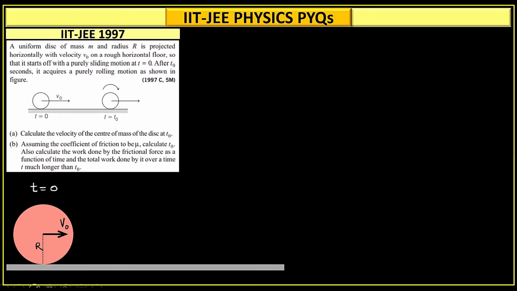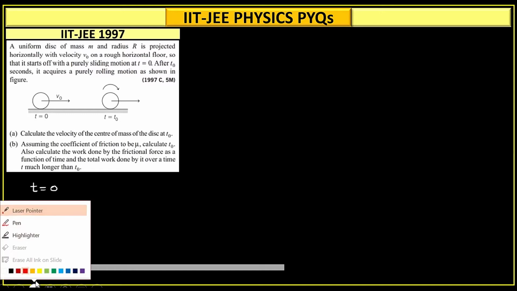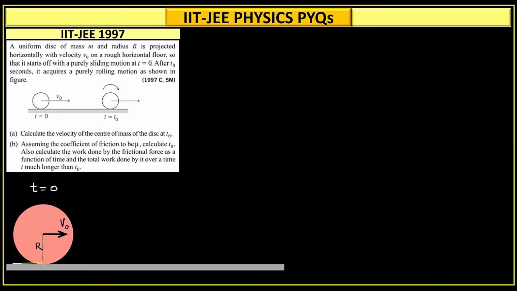I am showing only the kinetic friction because mg and normal have no role in providing acceleration of the center of mass as well as torque. So this is the kinetic friction, which is mu mg. As a result of this kinetic friction, which is the net force, the center of mass will have an acceleration in the direction of the net force, i.e. in the backward direction.